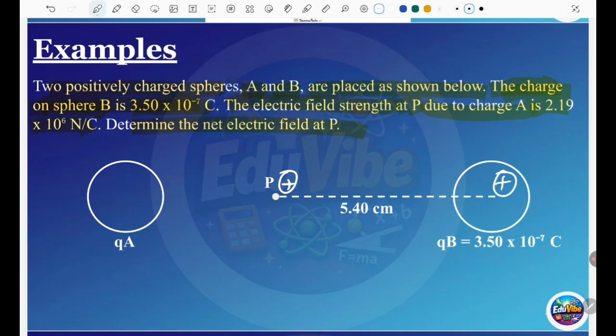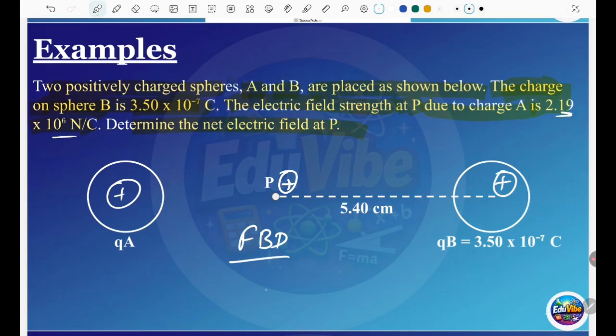The electric field strength at P due to the charge at A is 2.19 times 10 to the power 6. So we have the electric field strength at P due to A, and this is also positive, because the electric field strength is positive. For this type of question, always make the free body diagram, as I told you when you do Coulomb's law vector analysis.